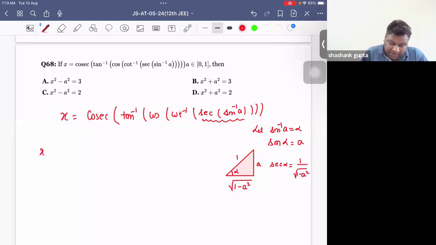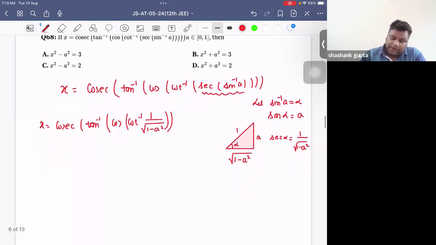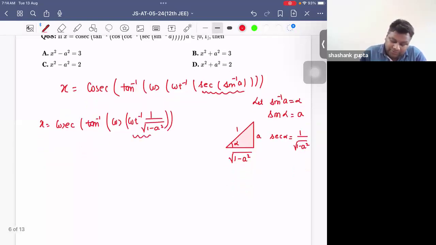So your question became x equals cosec tan inverse cos cot inverse 1 upon under root of 1 minus a square. Got it? Now, as a second step, let us assume this as some beta.